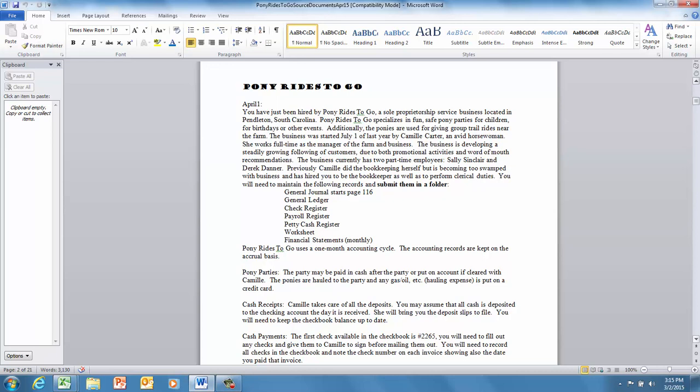The check register is given to you as an Excel file. I have the first few lines filled out of your check register, and you would just continue on where that leaves off.